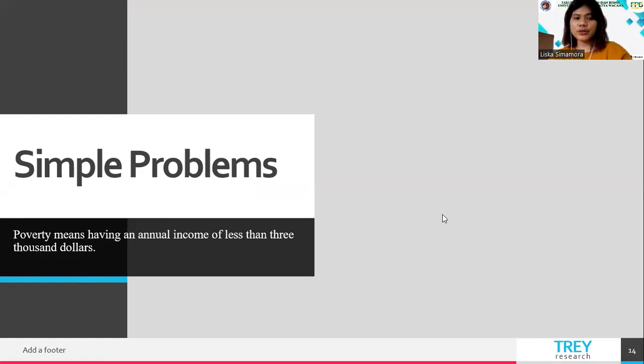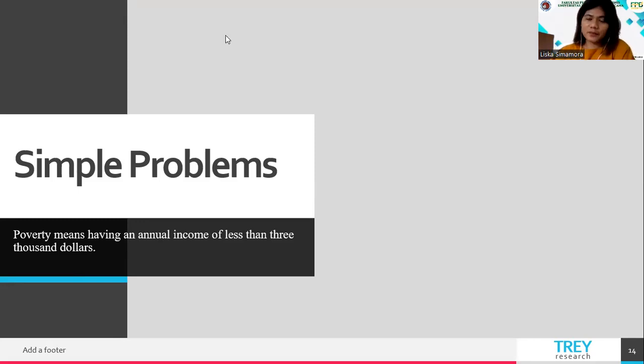So according to simple problems, poverty means having an annual income of less than $3,000. So let's go back a little bit to the definition of simple problem. A simple problem is defined as having a specified number of calculable variables.